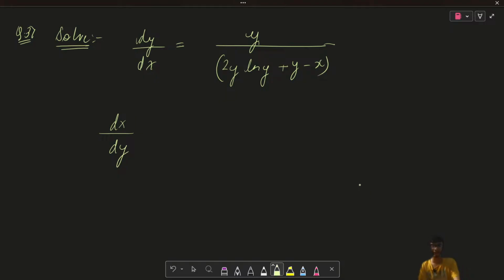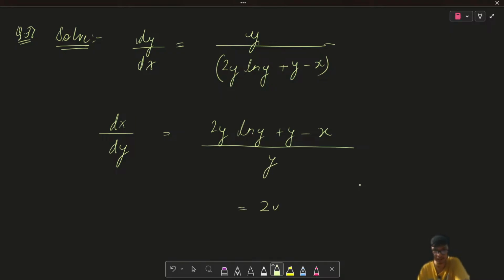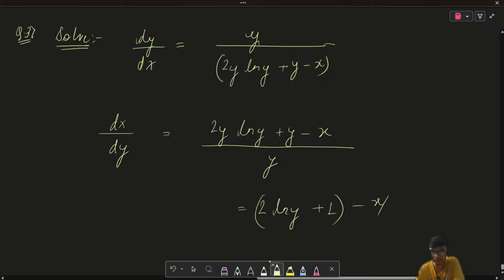So I'm going to change the order of derivative, and then this equation can also be written as dx upon dy equals 2y natural log of y plus y minus x, the whole divided by y. So then I can write this equation as 2 ln y plus 1 minus x upon y.